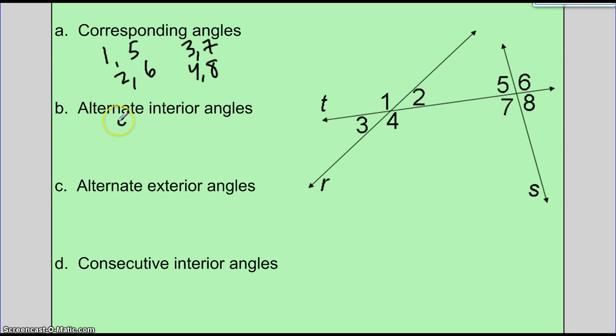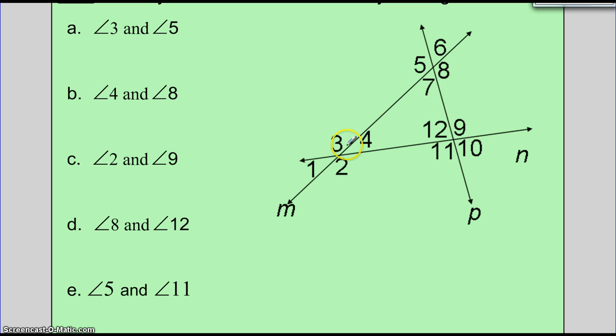Alternate interior, 4 is alternate interior with 5, 2 is alternate interior with 7, alternate exterior, 3 and 6, 1 and 8. Consecutive interior, which is 4 and 7, 2 and 5. Okay.